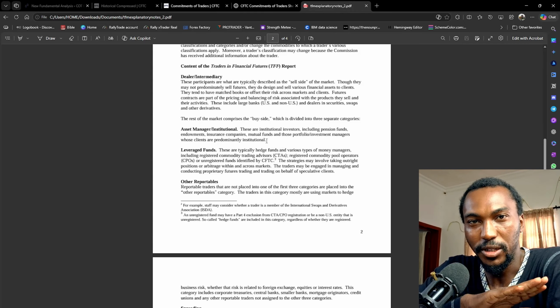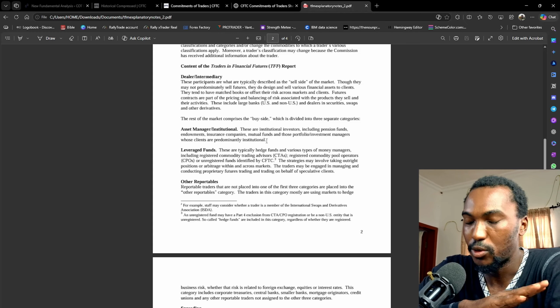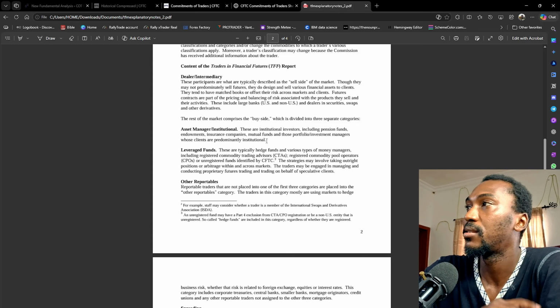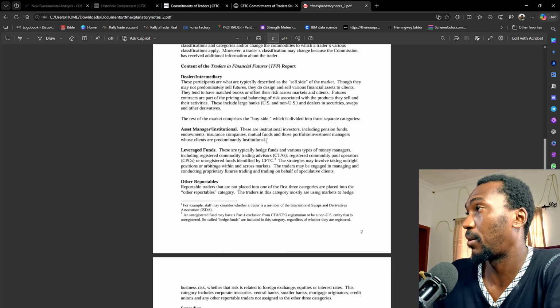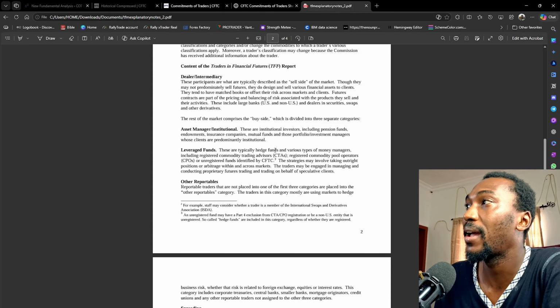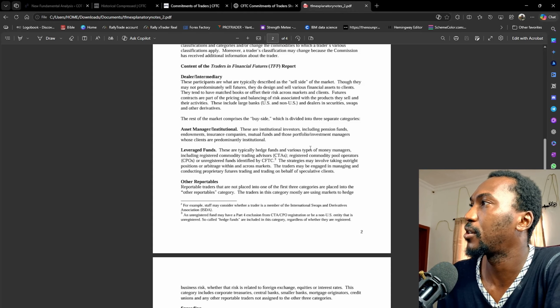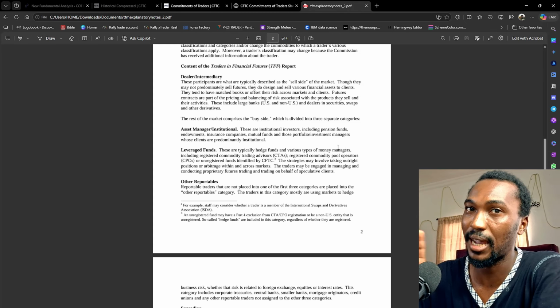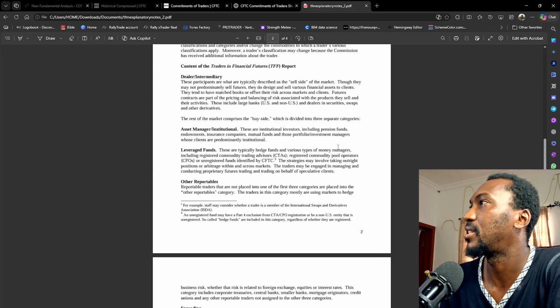It makes sense to follow these guys. Absolutely. It is 210% to follow these guys. Let's see what leverage funds is about. Leverage funds, these are typical hedge funds and various types of money managers.